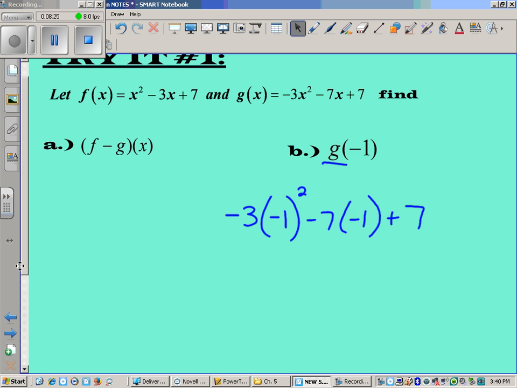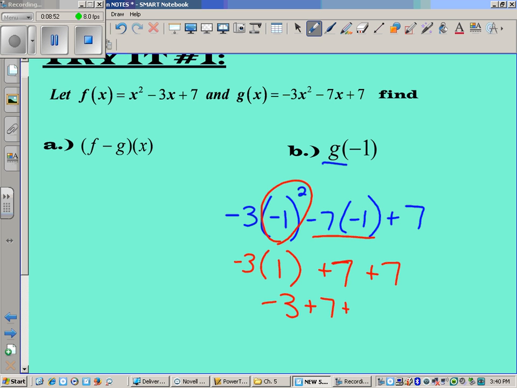Order of operations, please excuse my dear Aunt Sally, says exponents first. I need to take this negative 1 and square it first before I multiply it by that negative 3. Negative 1 squared, that's negative 1 times negative 1, gives me a positive 1. Can I take this negative 7 times negative 1, can I make that a positive 7?